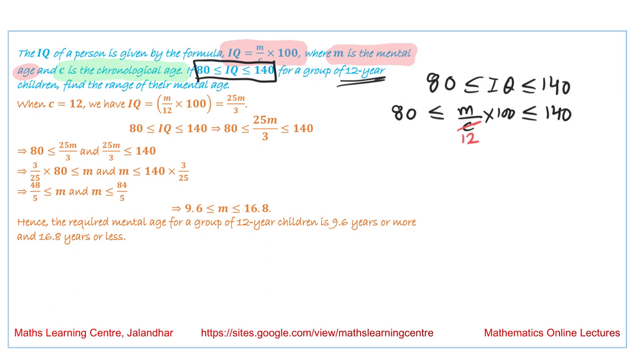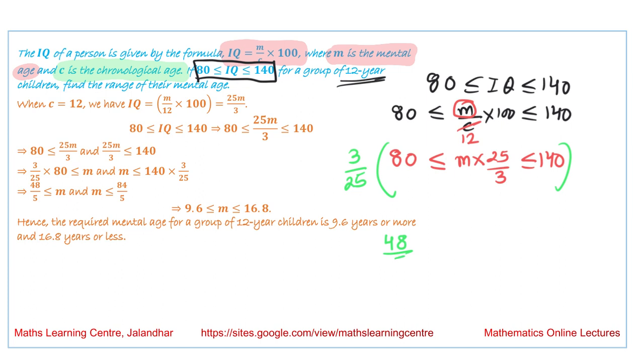So we have to calculate the value of M. We obtain 80 is less than or equal to M into 25 by 3 is less than or equal to 140. If we multiply this by 3 by 25, the answer we obtain is 48 by 5 is less than or equal to M is less than or equal to 84 by 5.